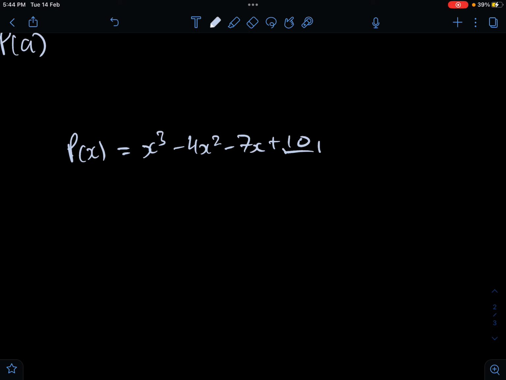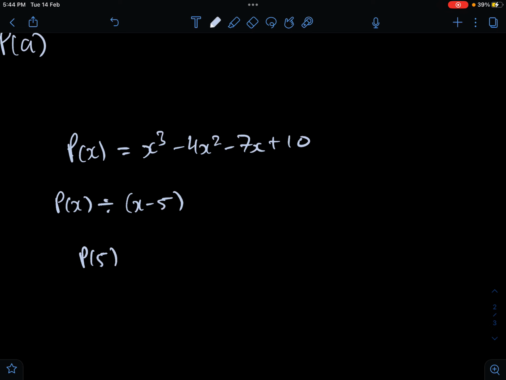So we are trying to sub in numbers that can multiply to make that constant term, and we know there's going to be 3 different constants that multiply to make it. So let's just think factors of 10. Let's try out 5. So we're dividing p of x by x minus 5, because it's x minus a. So we're plugging in that 5 over there.